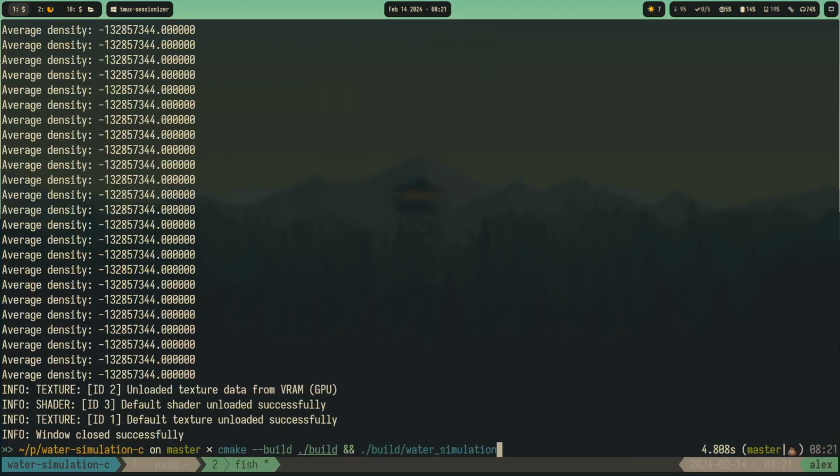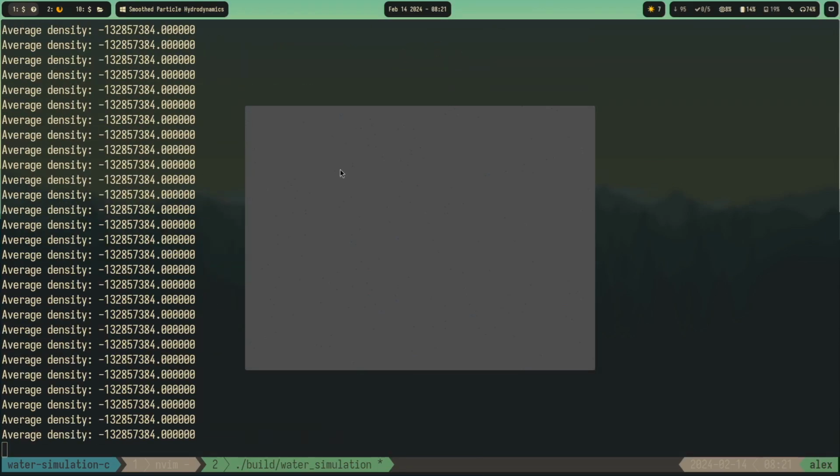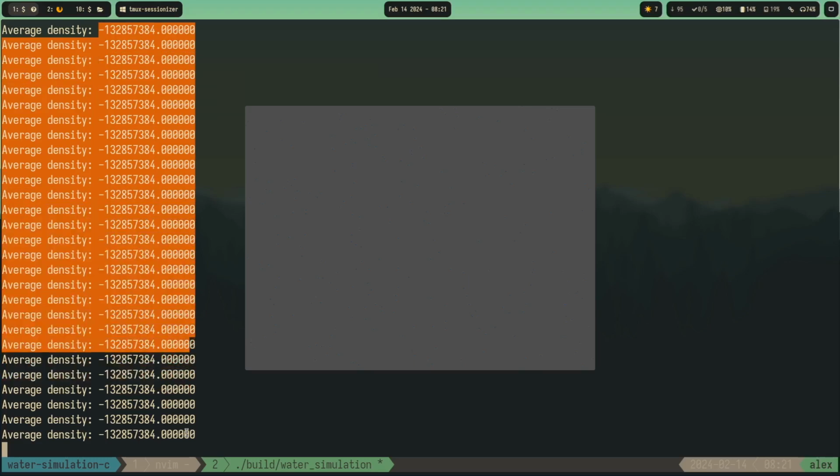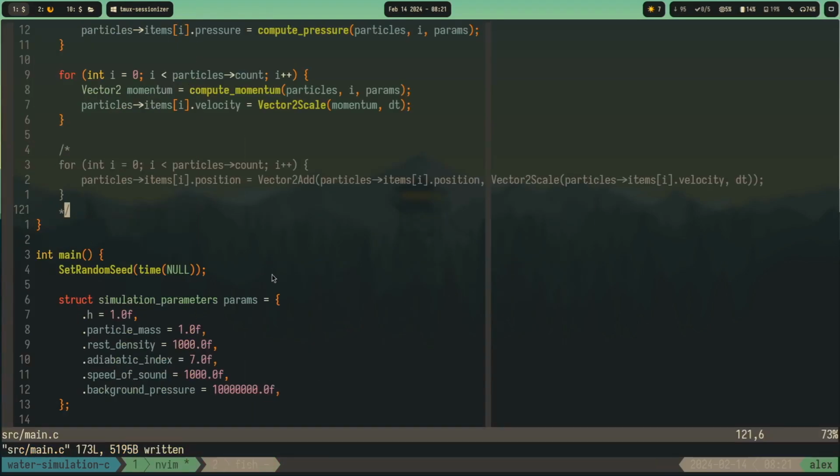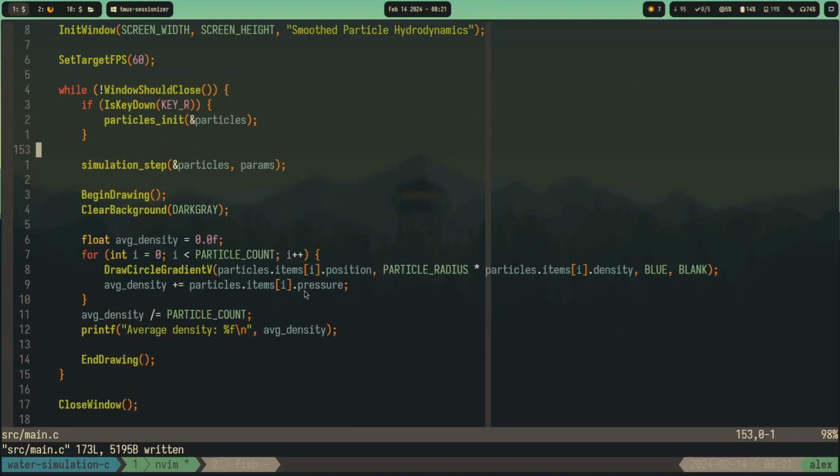Maybe there is a minus sign. Oh, and the density is so small. Wait, there's the pressure.